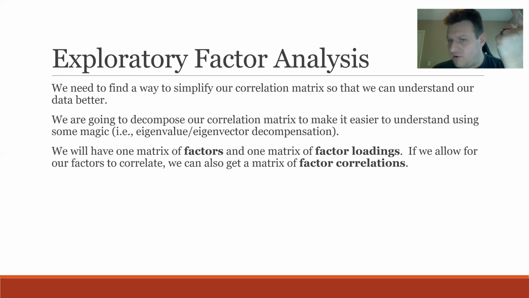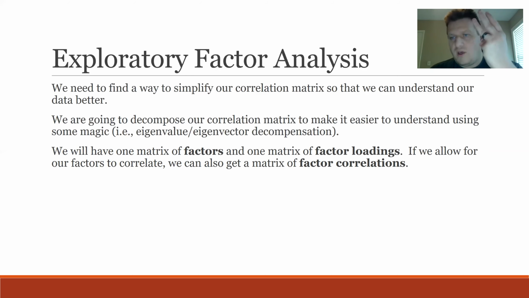Matrix number 2: which personality traits, or which items, correlate with which personality traits? Our matrix of factor loadings is going to tell us that. Which test item does the best job of measuring extroversion? Which test item does the best job of measuring agreeableness? We are going to be able to find that out.